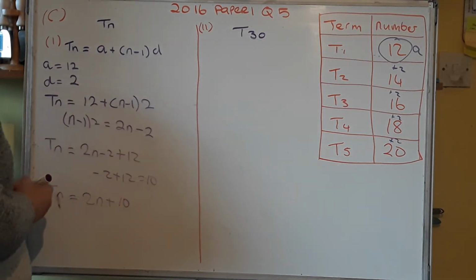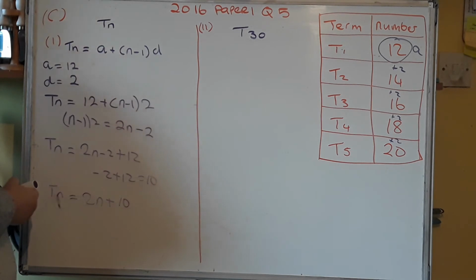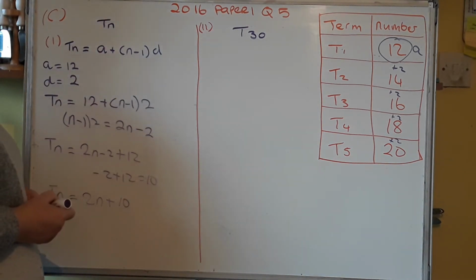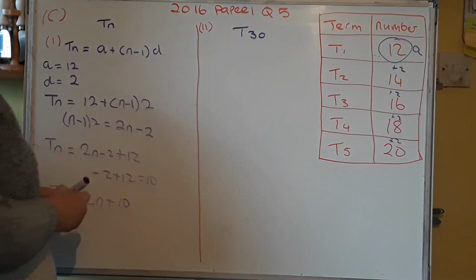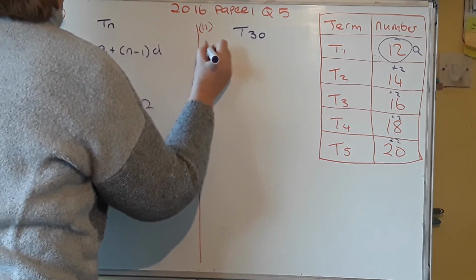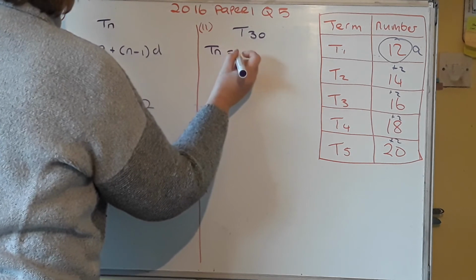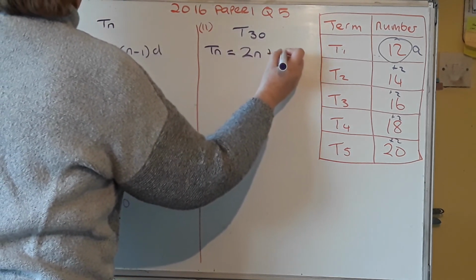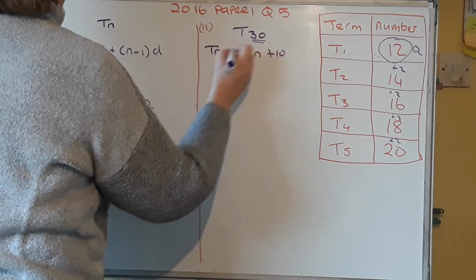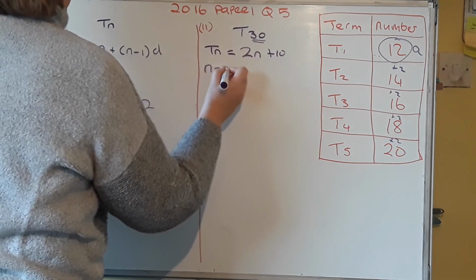Okay, so to get T30 then, note the term, it says hence or otherwise. So that means use the information that you've already just gotten. So now we know that Tn is equal to 2n plus 10. But we have a number for n this time. We know that n equals 30.